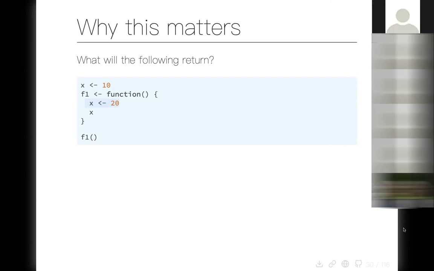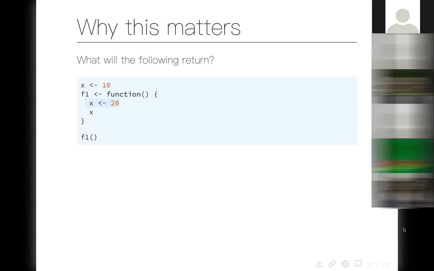All right, seeing mostly thumbs down, and that is correct. It returns 20 because of scoping. This x lives inside this function, so it's going to return that.